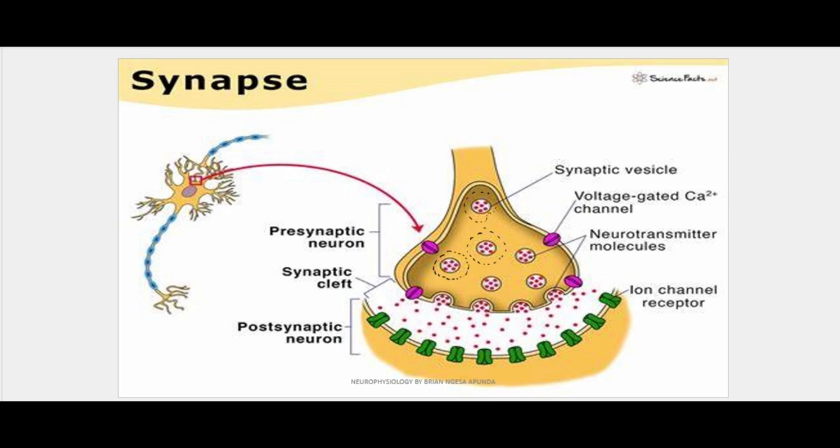So when the action potential arrives, we'll see what happens, possibly through channels called calcium channels. So calcium will enter. Remember, these are voltage-gated channels. That means they depend on some voltage to be open or closed. And remember, when the action potential is coming, it is coming with some sense of positivity.